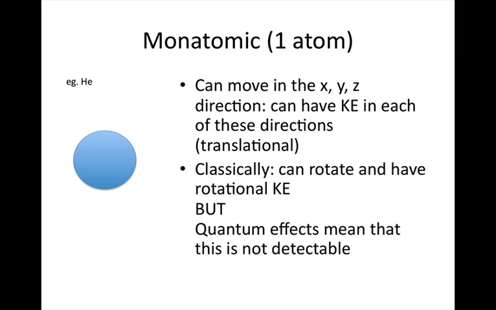So a monatomic atom has 3 translational degrees of freedom and no rotational degrees of freedom. That means it has 3 degrees of freedom, and the total energy it can store is 3/2 kBT, which was the same as the average translational kinetic energy.